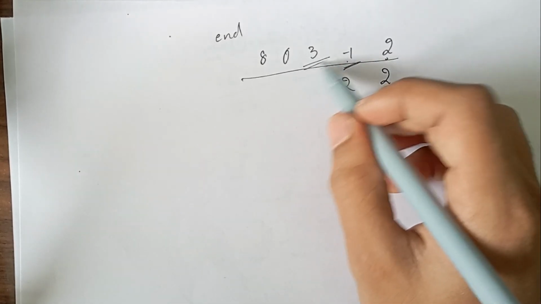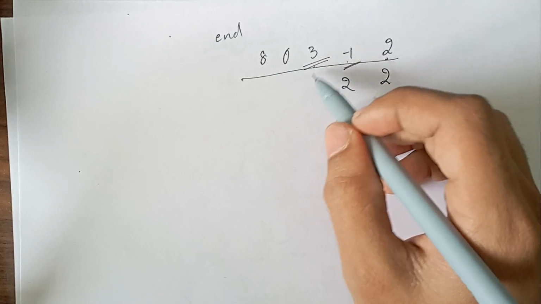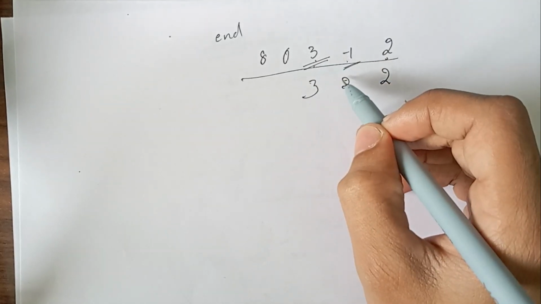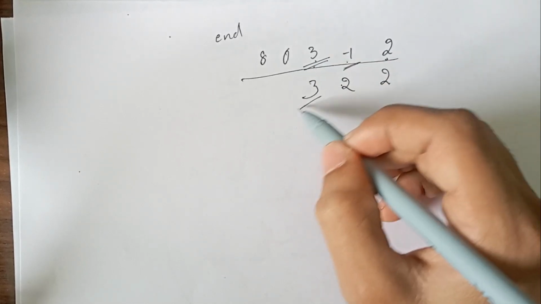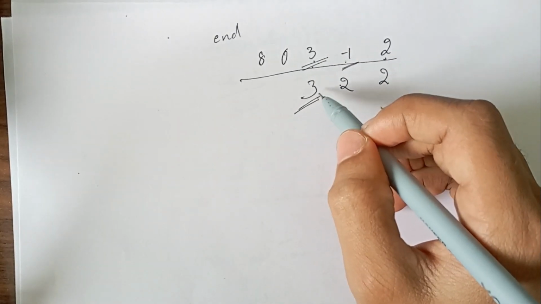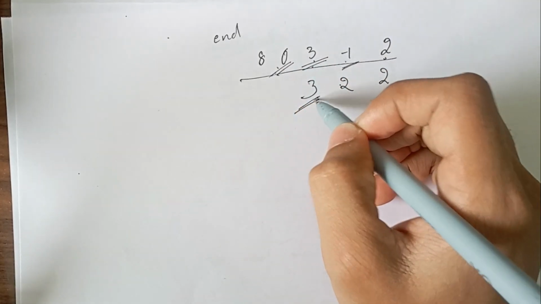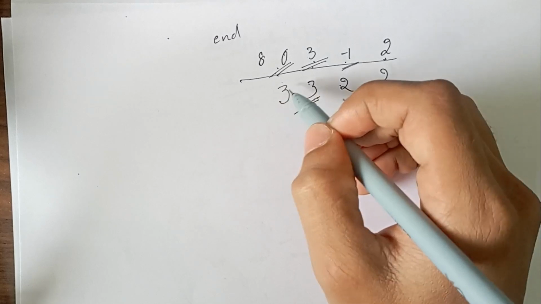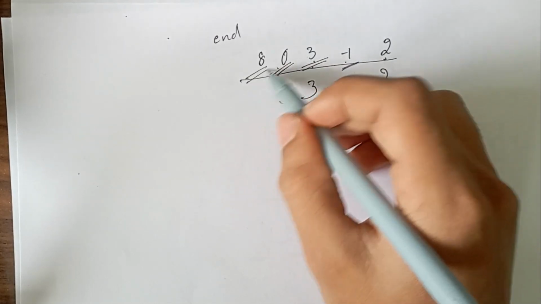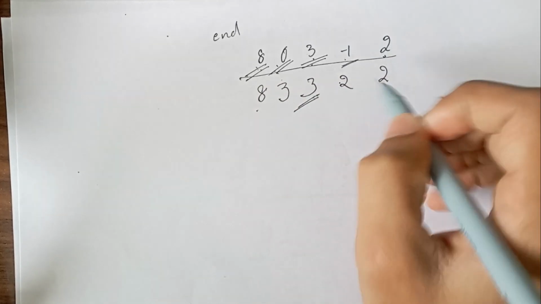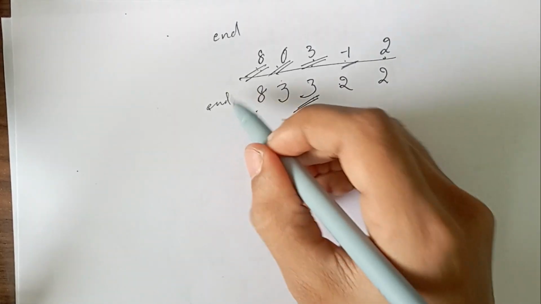But at this index, the greater element will be 3. Now, as 3 is greater than 2, we'll be changing our maximum element to 3. Now, at 0, 0 is lesser than the maximum element, so 3 itself. Now, 8. 8 is greater than 3. So, this is the end array.